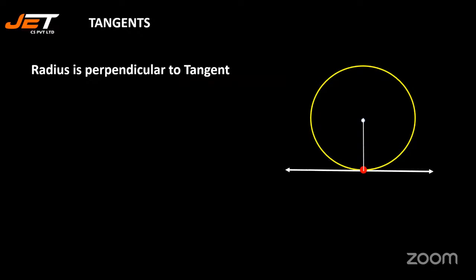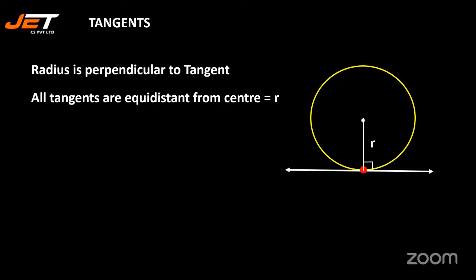Now let's see the tangents. The radius is perpendicular to the tangent. So this is R, and it's 90 degrees. All tangents are equidistant from the center.